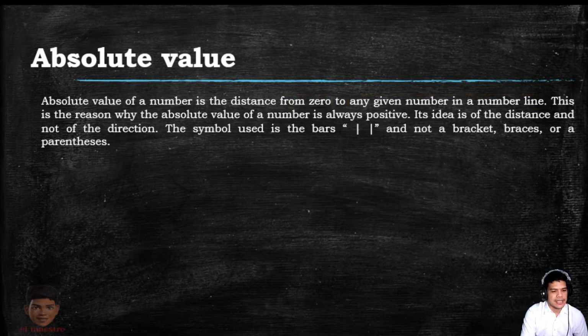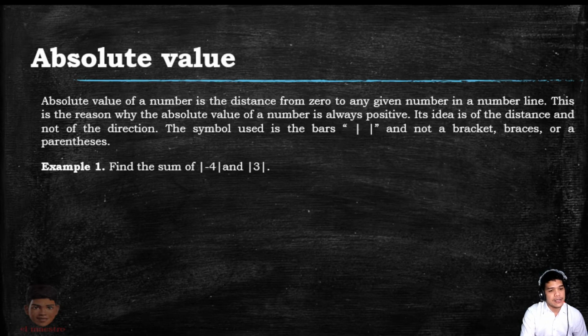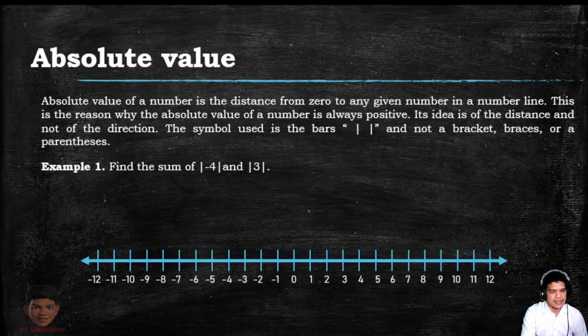Let's have another example. Let's say, find the sum of the absolute value of negative 4 and the absolute value of 3. So, we have to find the sum. First, we have to take a number line. Later on, when you are familiar with absolute value, you won't need the number line anymore. This number line here is for us to understand better according to the definition, right?